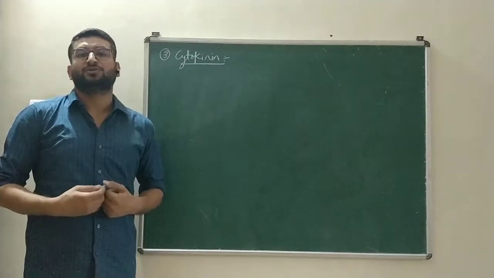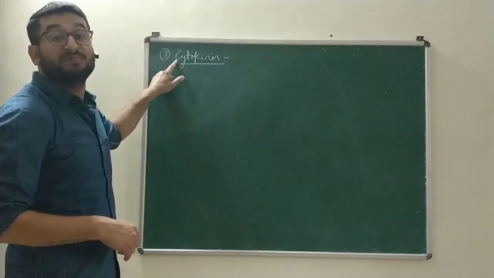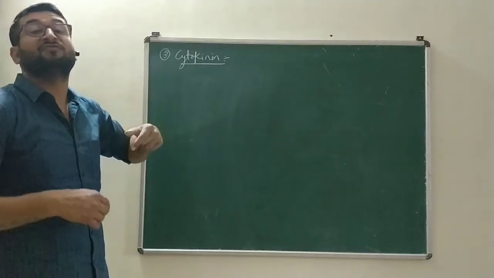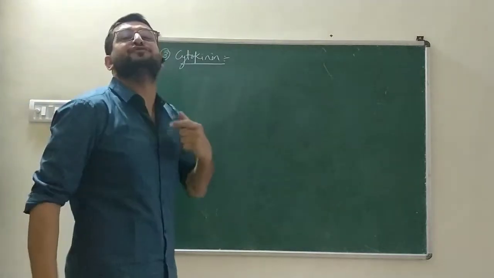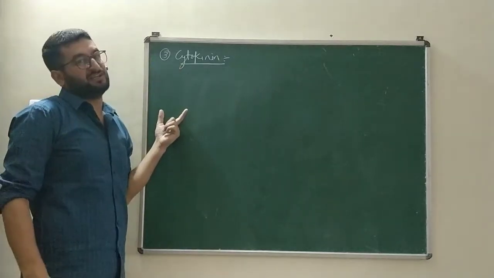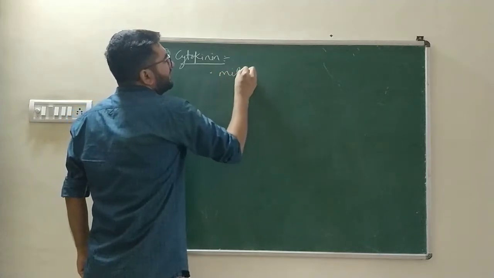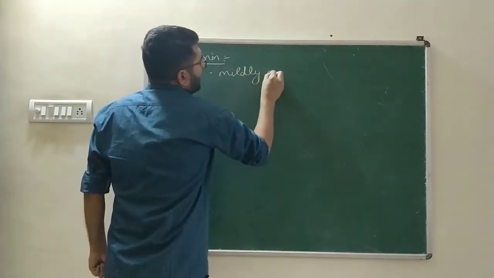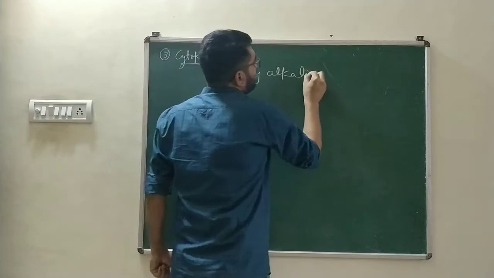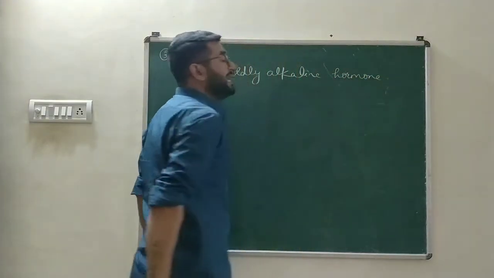Third plant hormone to discuss is cytokinin. As its name indicates, cyto means cell and kinin, word taken from kinesis, that means division. It is the plant hormone that promotes cell division. It is mildly, that is weakly, alkaline or basic hormone, whereas auxin and gibberellin were acidic hormones.